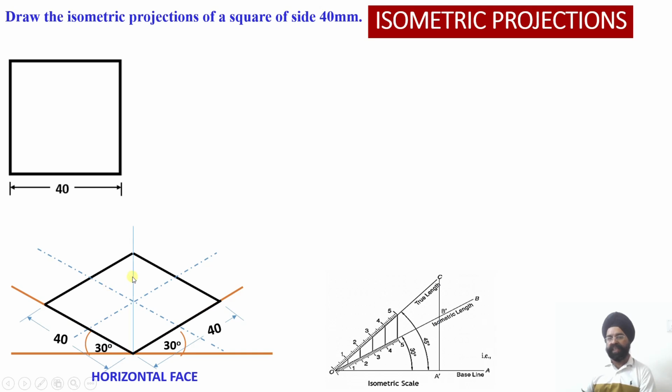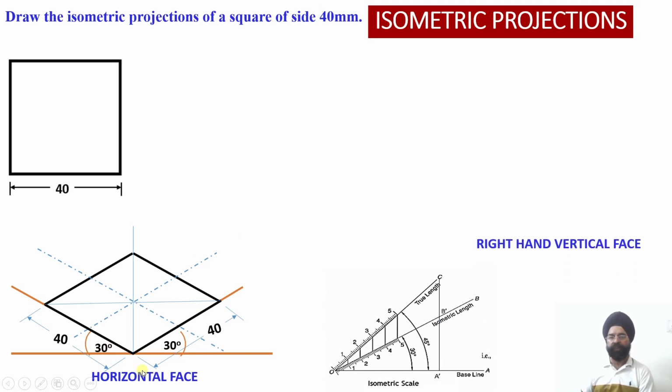Whereas while we draw the square onto the isometric projection, we will find that the two diagonals of the square, you can check, this is diagonal 1, this is diagonal 2, are not equal to each other. And since these diagonals are not equal, this characteristic makes the figure we have obtained corresponding to a square a rhombus. So we can say that a square appears like a rhombus in the isometric projection.